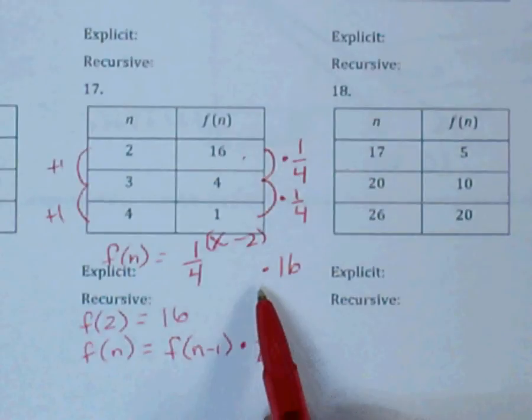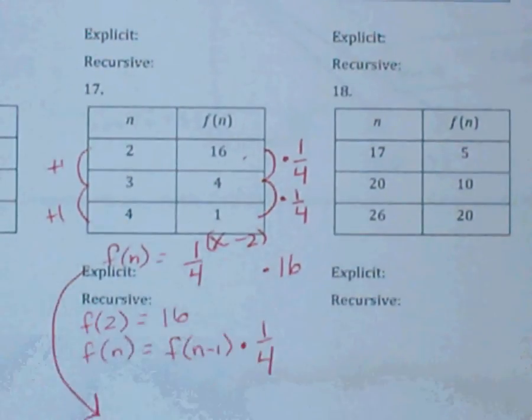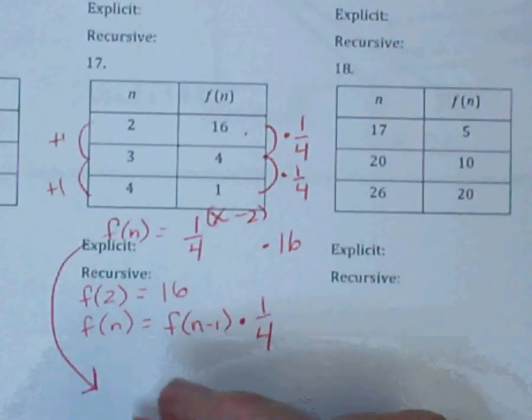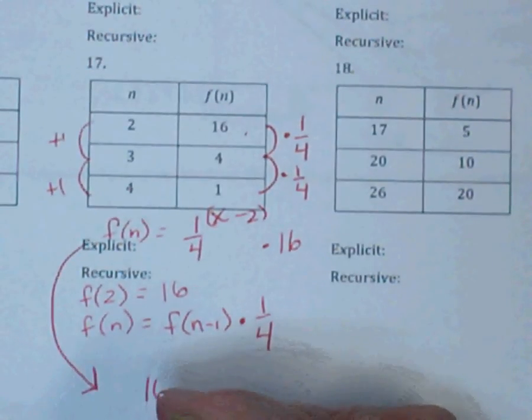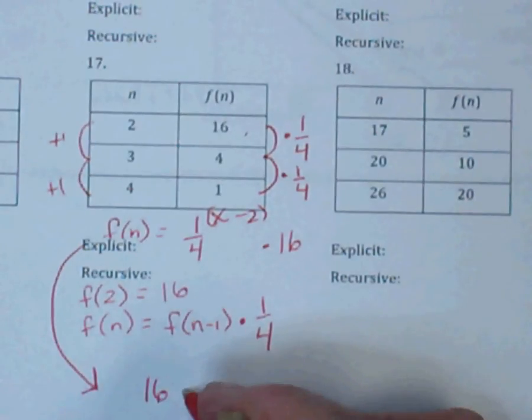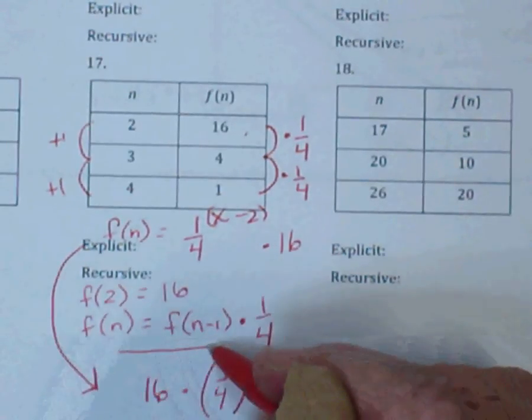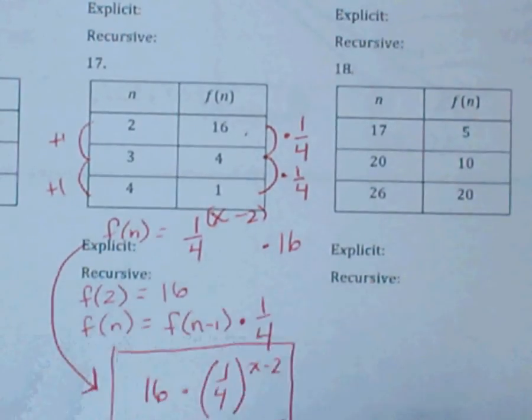Okay, that's probably a little bit messy. So let's rewrite it in a neater way. 16 times 1/4 to the x minus 2 power. It's here explicit.